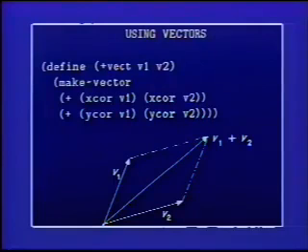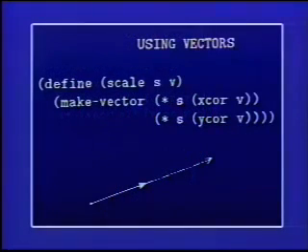Okay, and then similarly, we could have an operation that scales vectors. So here's a procedure scale that multiplies a vector v by some number s. So here's v. V goes from there to there, and then I scale v. I get a vector in the same direction that's longer.